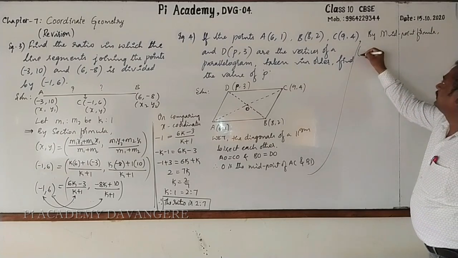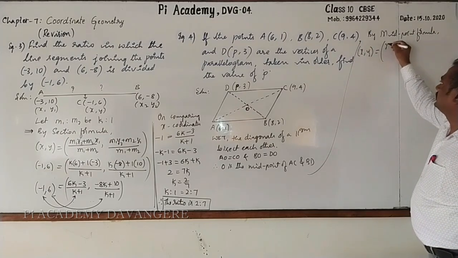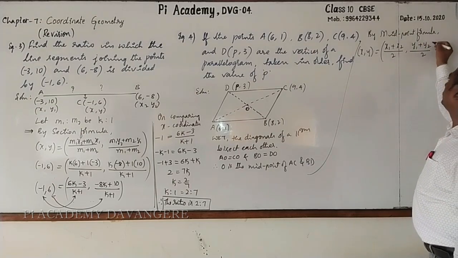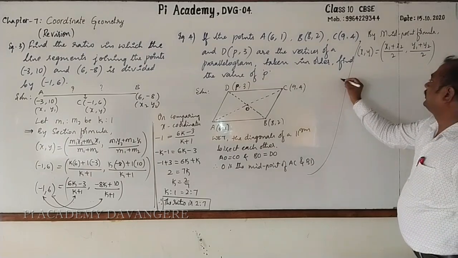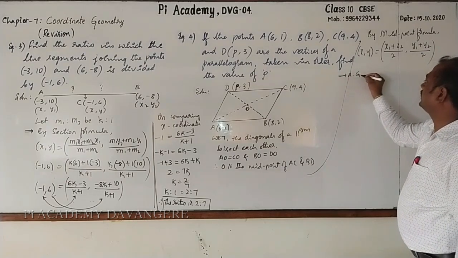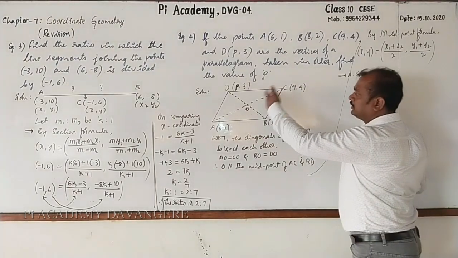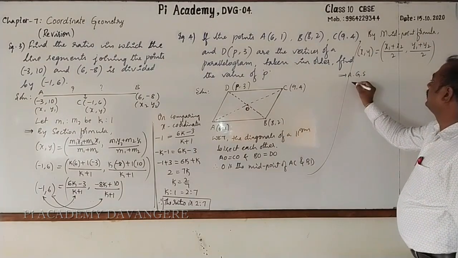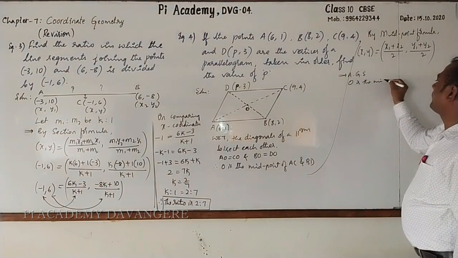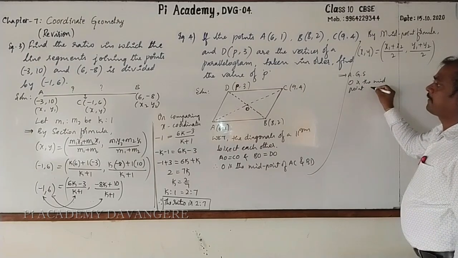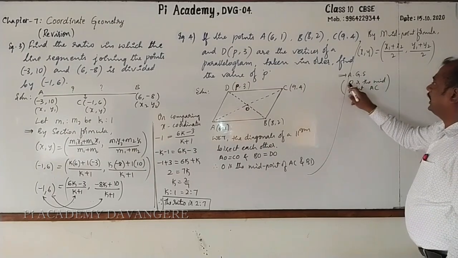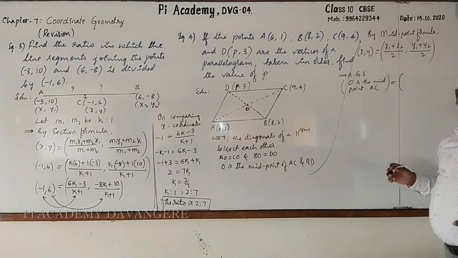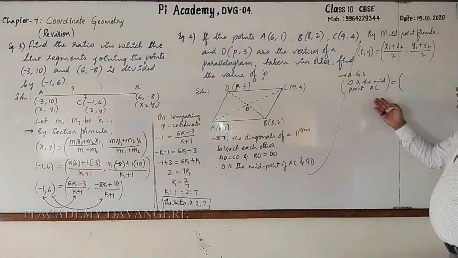What is that? (x, y) is ((x1 plus x2) by 2, (y1 plus y2) by 2). Followed? Now, here I'll write. According to the given statement, that is diagonals, O is the midpoint of AC as well as BD. The coordinates of O, which is the midpoint of AC, will also be equal to coordinates of the midpoint of BD.